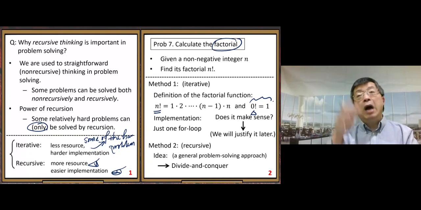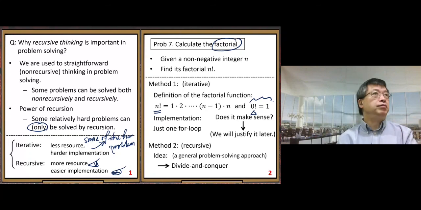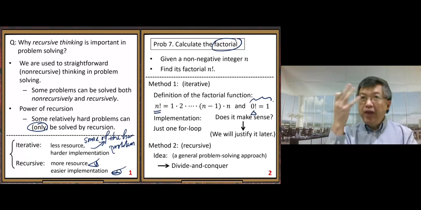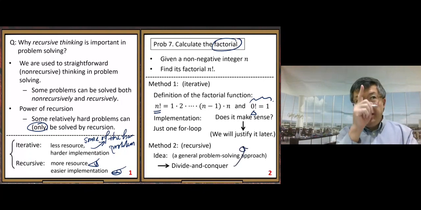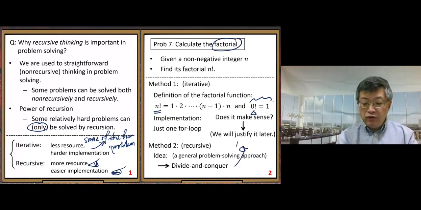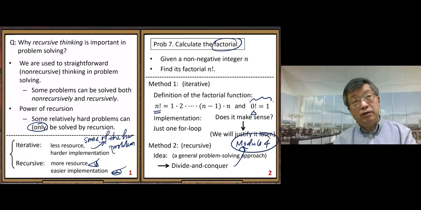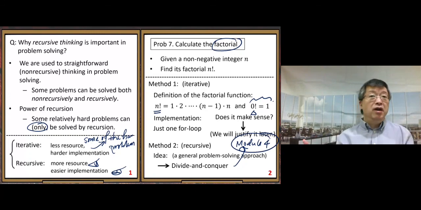In our algorithms class, it is another extremely important way of thinking. Actually, this is our main topic in Module 4. The whole module is about divide and conquer, because in this question we need to use this thinking approach.